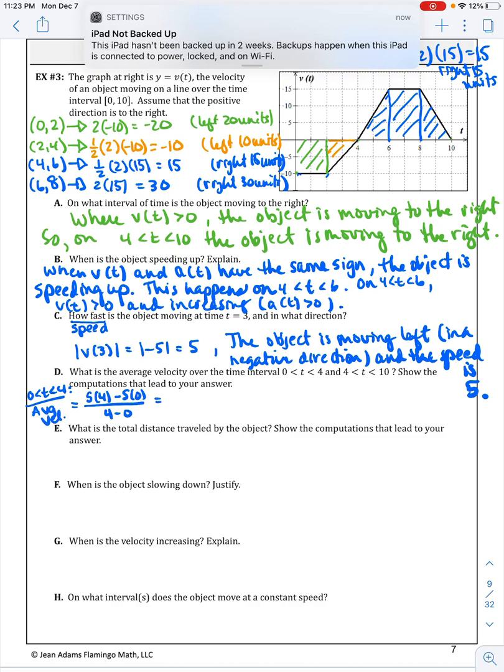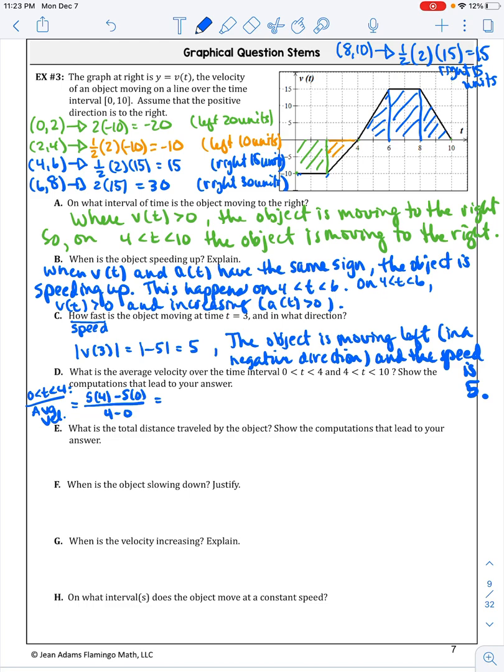And our s of 4 is basically from 0 to 4, you've gone a total of negative 30. That is your displacement. So negative 30 divided by 4 is negative 7.5.